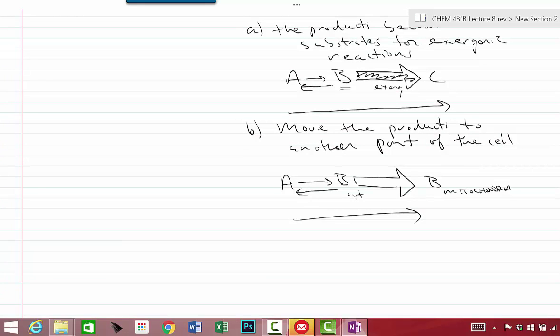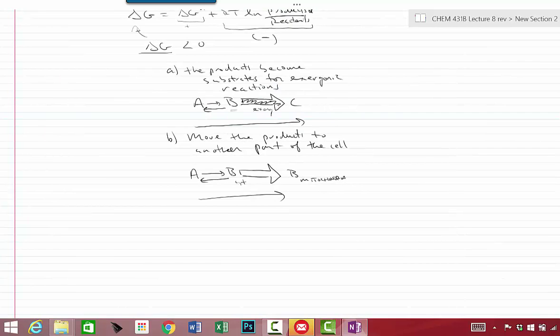So these are two of the tricks that the cell uses in order to cause the flow of the reactions to move towards their final destination.